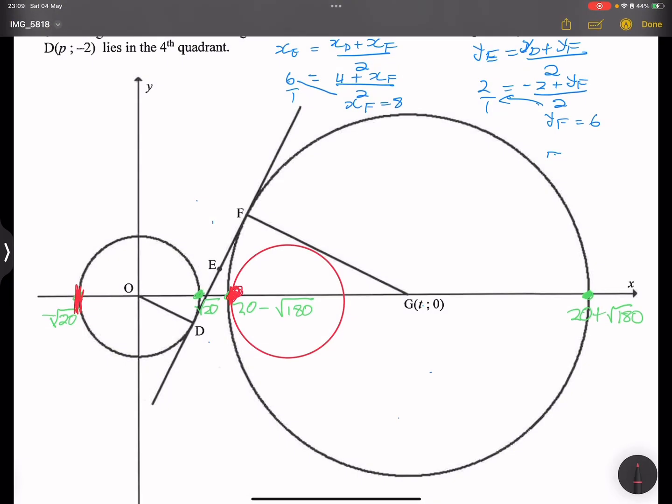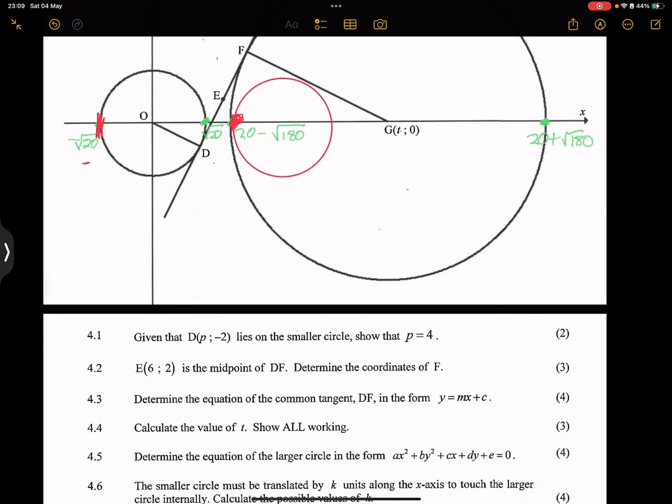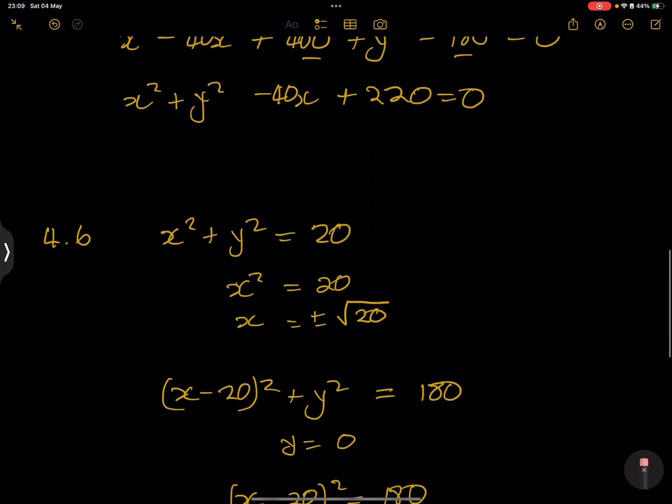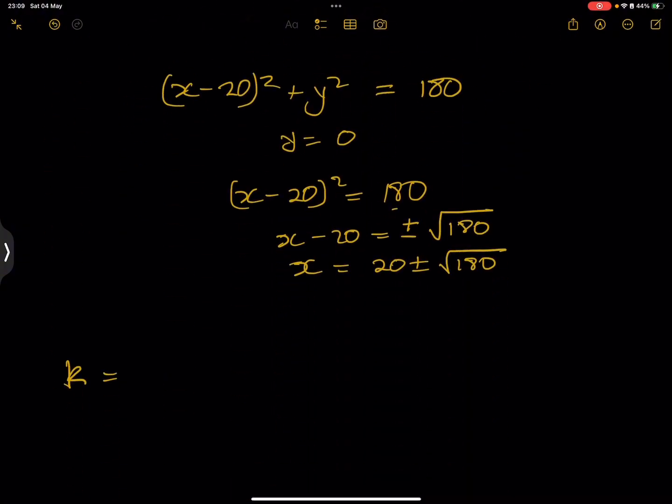And I'm going to say minus square root of 20. All right, I hope that makes sense, ladies and gents. So 20 minus root 180 minus a negative root 20.